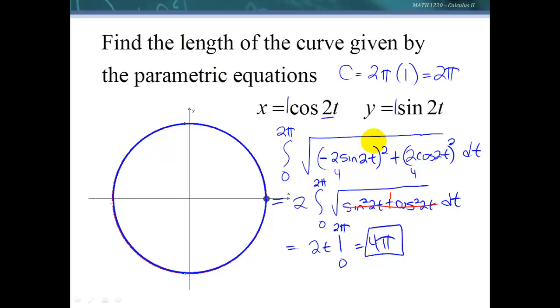And then since I integrated to 2 pi, I actually went around that circle 1 more time. So I have to be careful about that when I put on my limits of integration. I don't want to trace out the curve more than once, because I actually figured out the distance I traveled going around 2 times, and so I got 2 times higher than what I should have had. So I have to be careful about that.